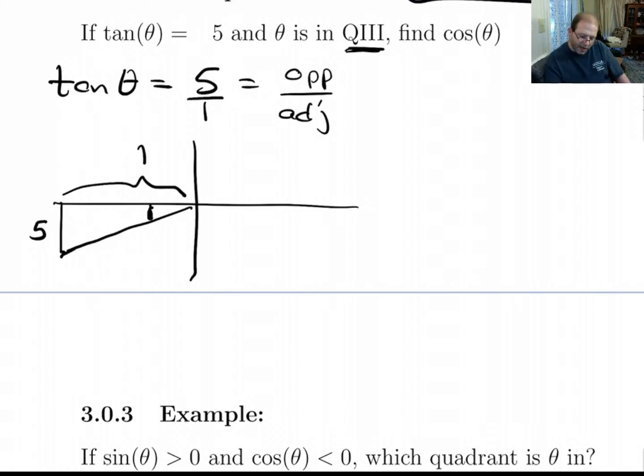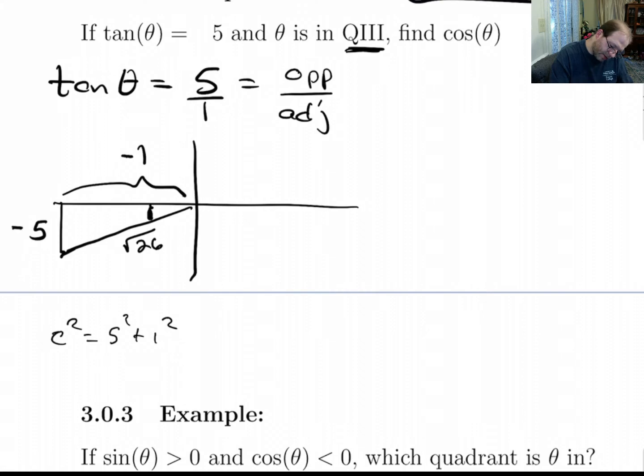And so the other side, by the Pythagorean theorem, you get c squared is 5 squared plus 1 squared. So this is going to be the square root of 26. And technically, this should be negative and this should be negative because we're in the third quadrant. So we're going backward, and then we're going down. So both of those are negative. So we're supposed to find cosine of theta.